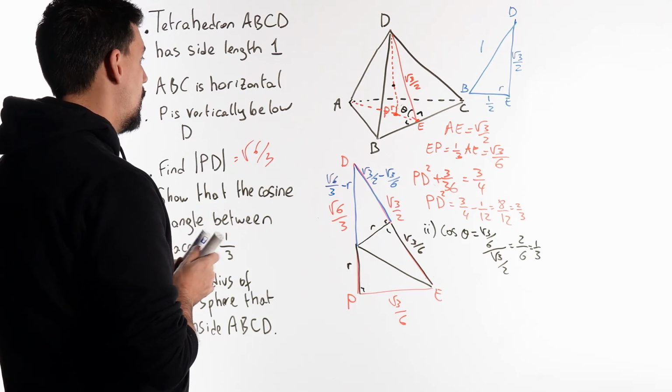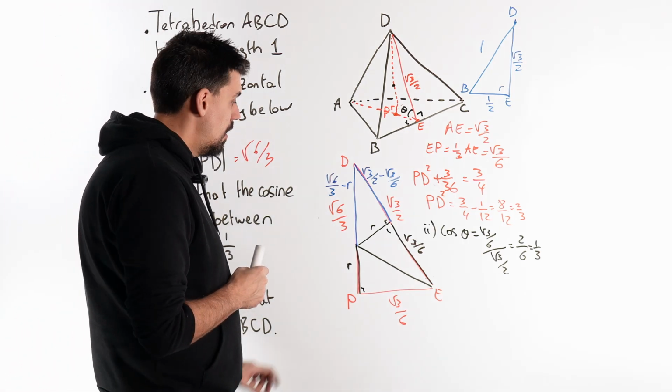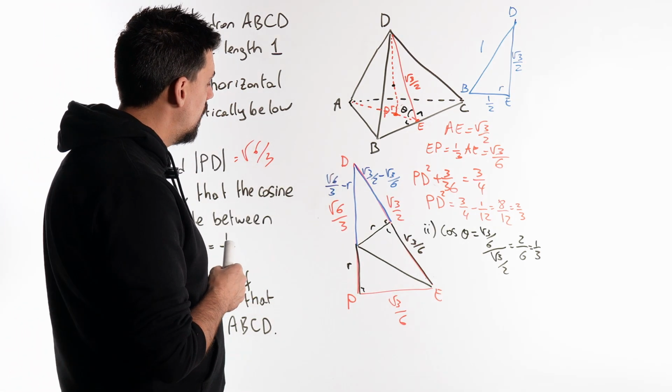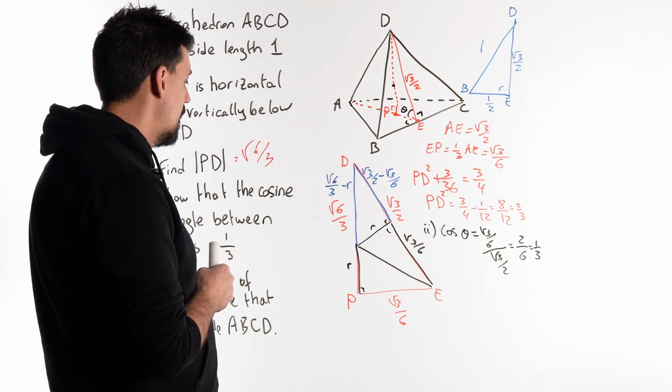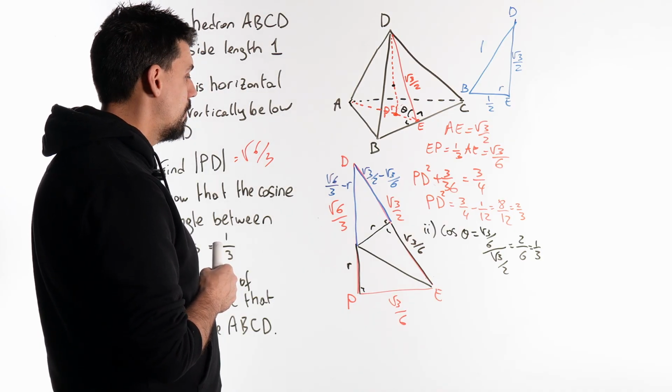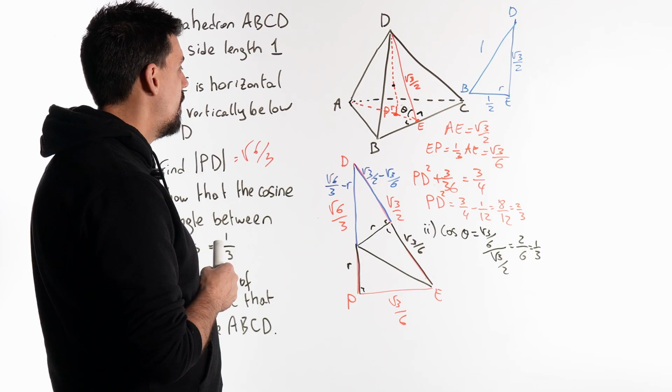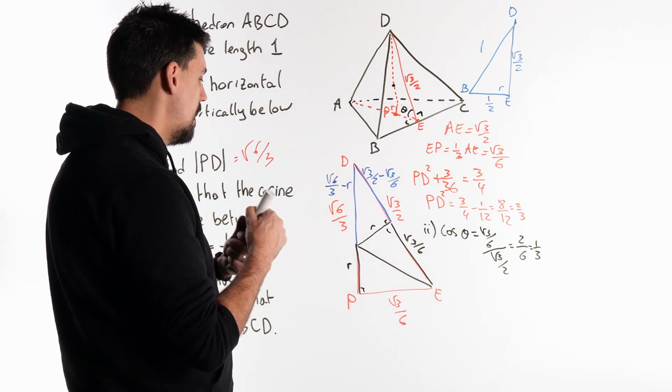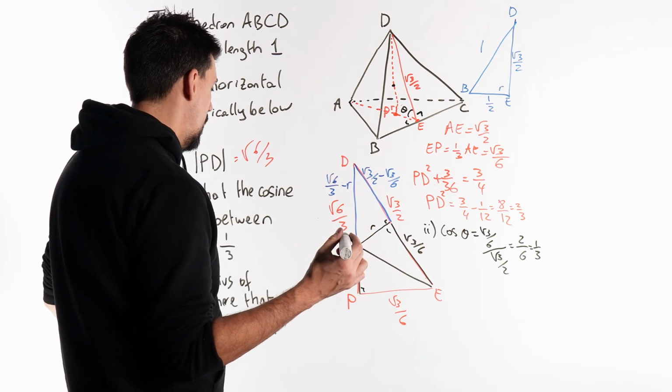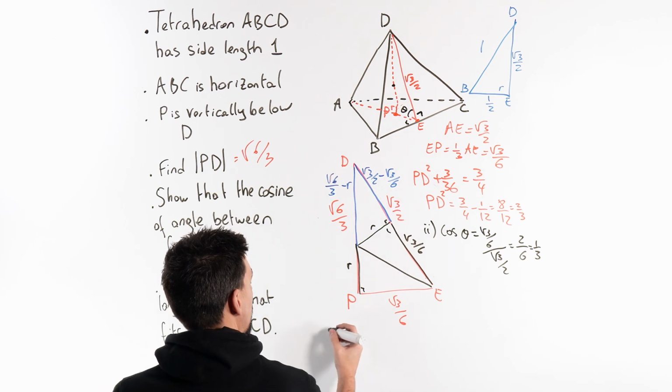And now all that's left for us to do is, in that blue triangle, do a little bit of Pythagoras, and we should be okay. So where are we going to do this? Have I made everything a little bit too big? We should be okay. We're just going to drop down to here.